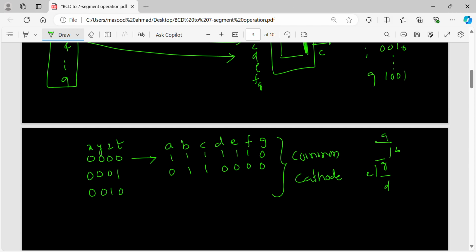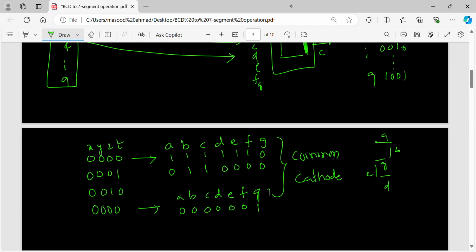Okay, if it is common anode type, the converse is true. That means if it is common anode type, to make A, B, C, D, E, F, G glow for 0, 0, 0, 0, I need to give 0, 0, 0, 0, 0, 0, then 1.